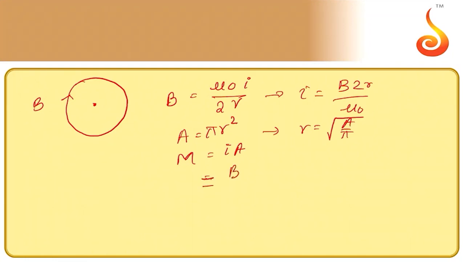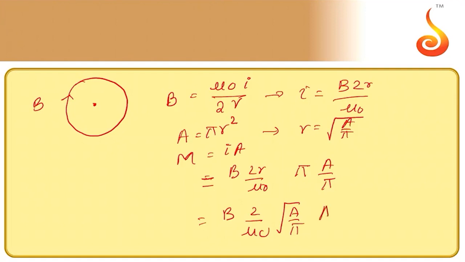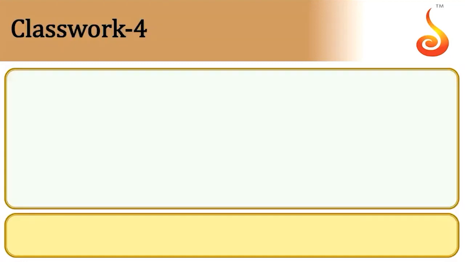I is B into 2r divided by mu naught, and M is I into A, so I can write it in terms of A only. B into 2 by mu naught, r is root of A divided by pi, into A. Upon simplification we get 2BA divided by mu naught times root of A divided by pi. So the magnetic moment is 2BA divided by mu naught root of A divided by pi.